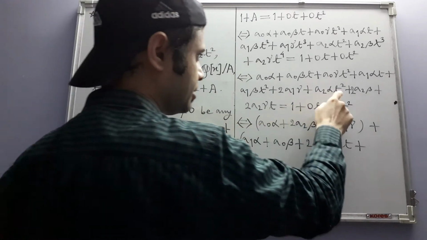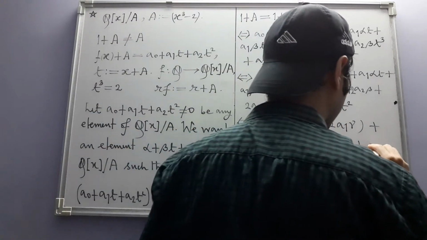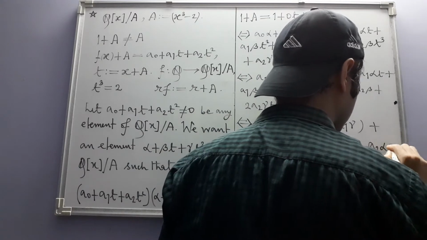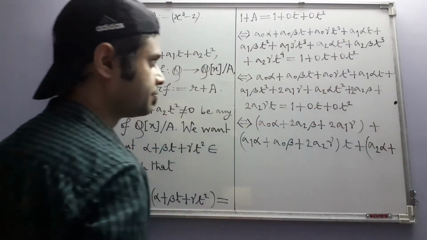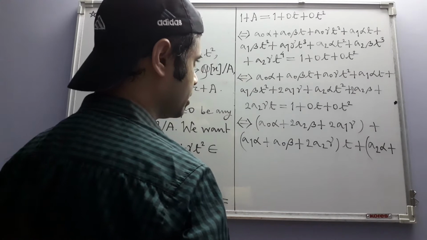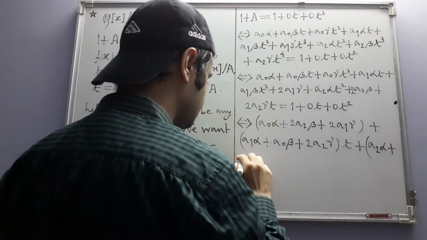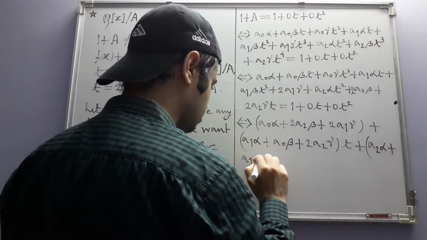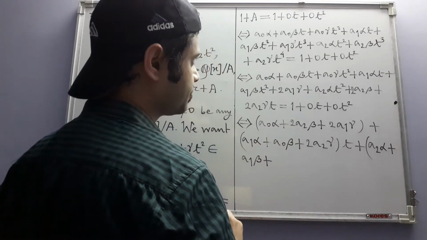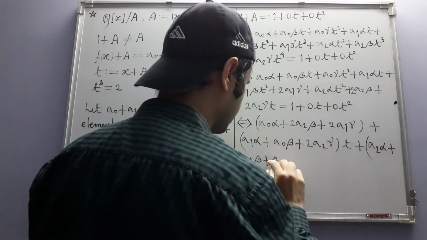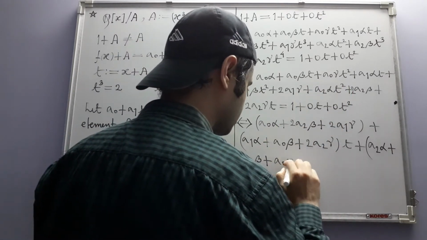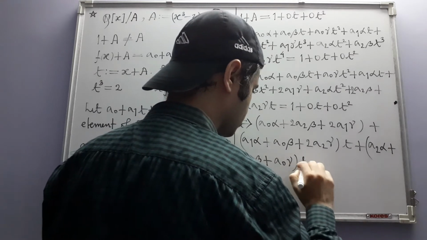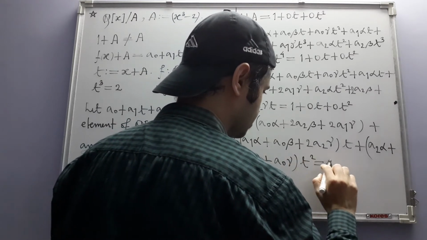We have alpha t square here. So a2 alpha plus then beta t square, a1 beta, plus then gamma t square, a0 gamma t square.